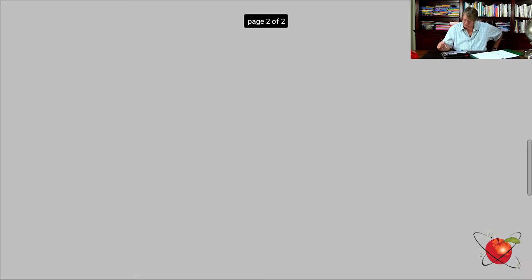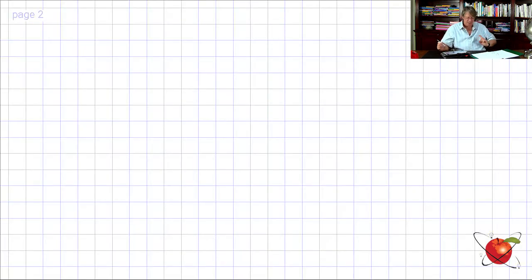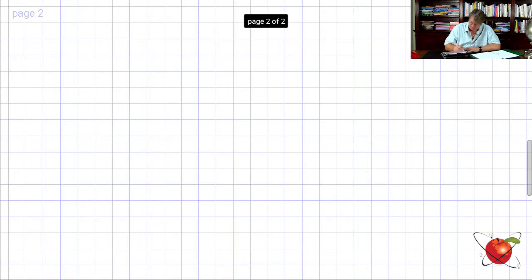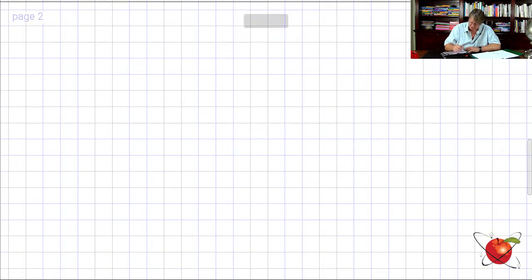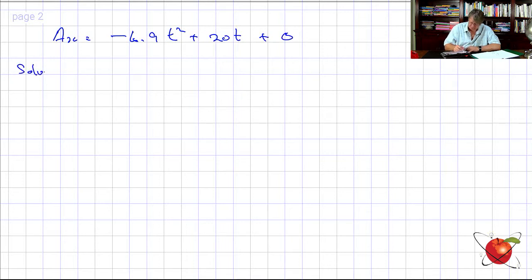Okay, now let's look at something slightly different, shall we? Let's use this formula here of delta x equal to minus 4.9 t squared plus 20t plus 0, right? Let's solve for delta x equal to 20.4, okay?